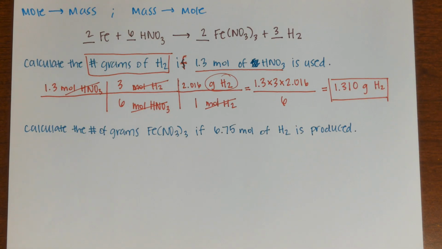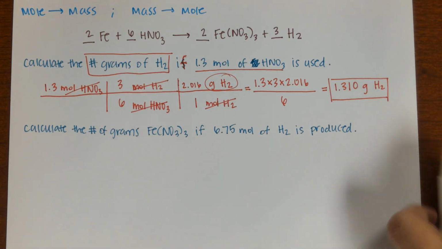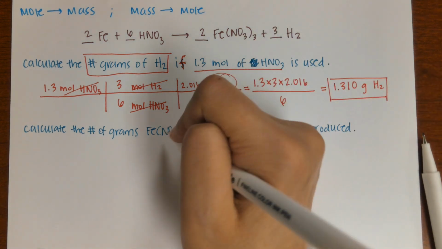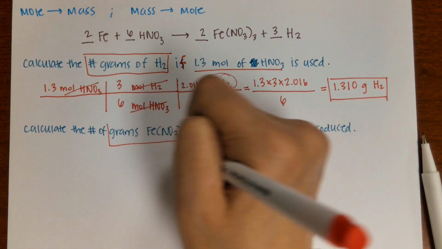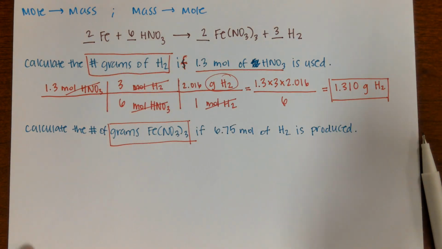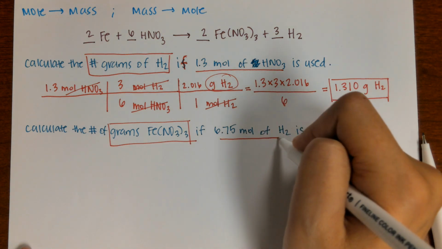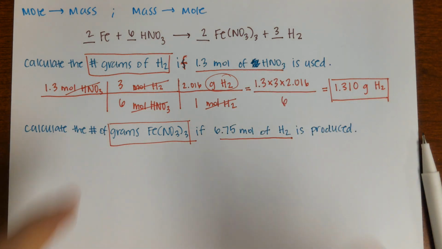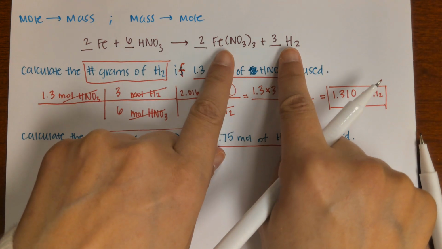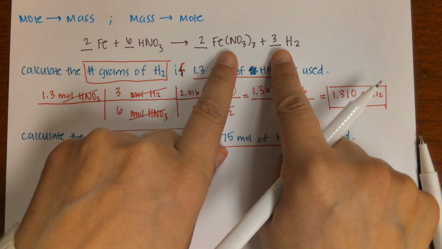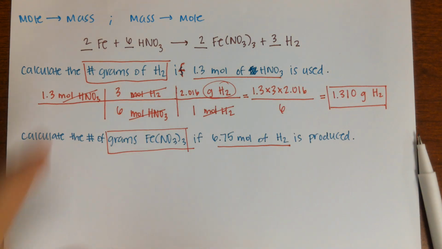So when you see the question here, FeNO3, iron 3 nitrate grams is what we're looking for, and then we're given 6.5 moles of H2. These two are the only parts of the equation that we're using here. The reactants, we don't even look at that.